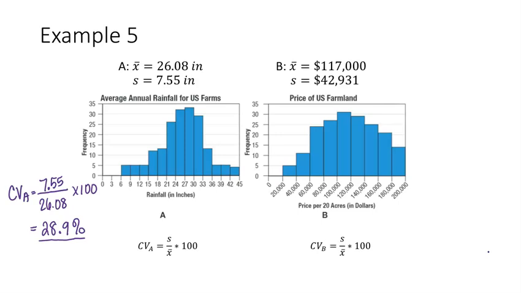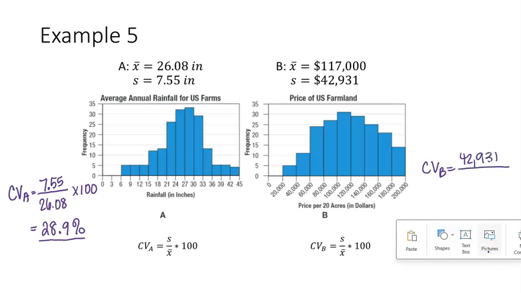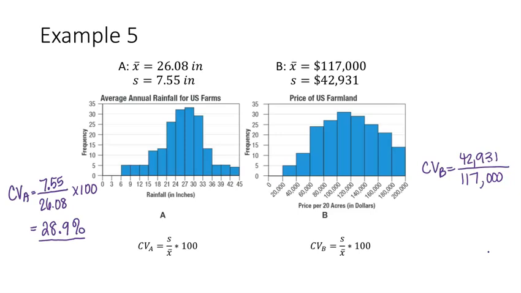We now need to do the same thing for our second graph. Again, standard deviation on top, 42,931 divided by our mean, 117,000, and we're going to multiply that by 100.